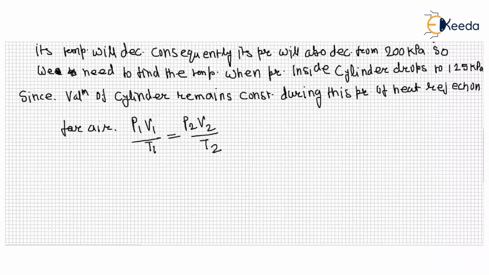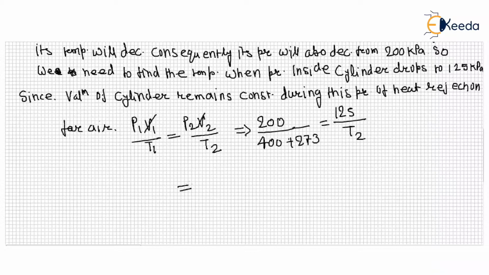Since volume is fixed, it cancels out. P1 is 200, and mind it, the temperature is always in Kelvin: 400 plus 273. So 200 by 673 is equal to 125 by T2.